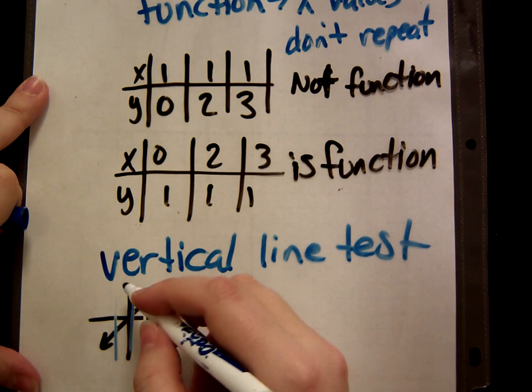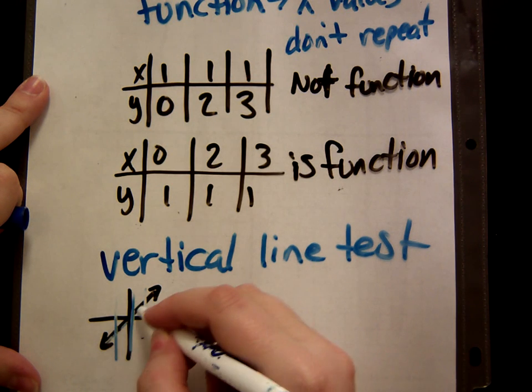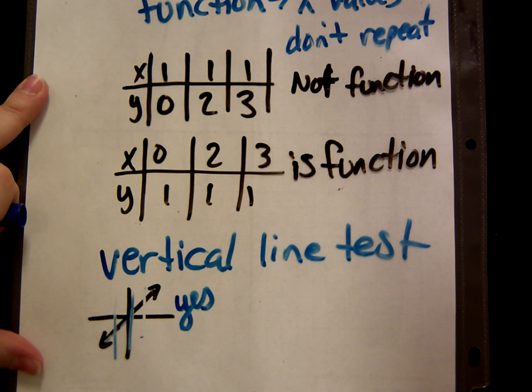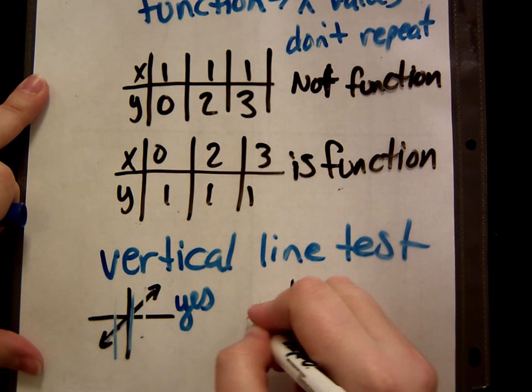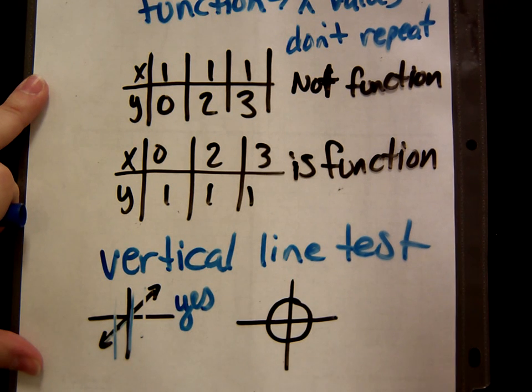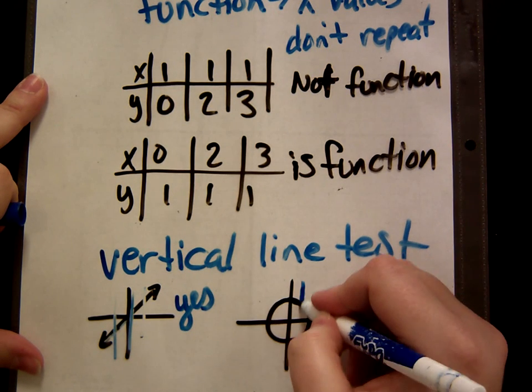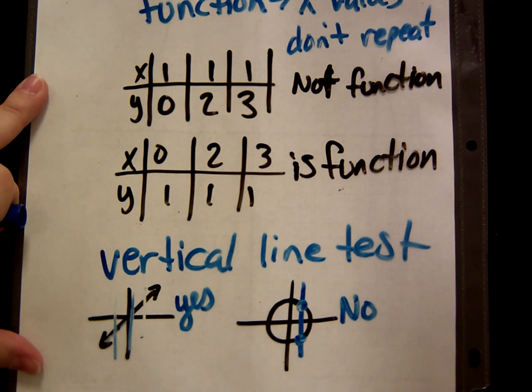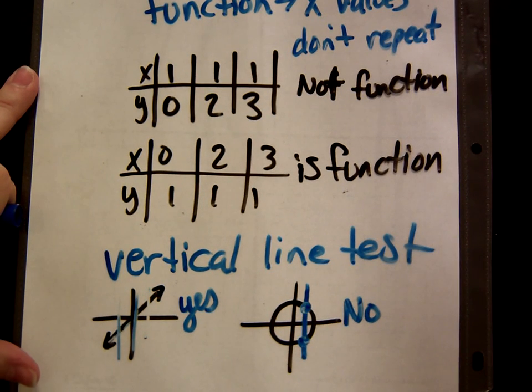If it only hits the graph at one point, it is a function. But if it hits more than once, like on this one, if I draw a vertical line, it hits at 2 places. This is not a function because it fails the vertical line test.